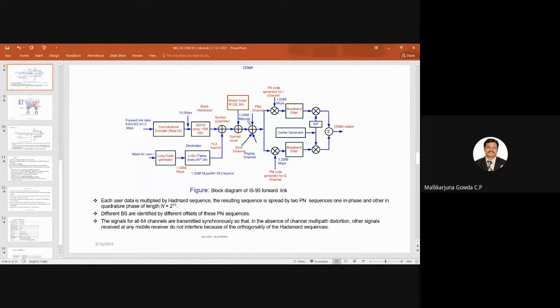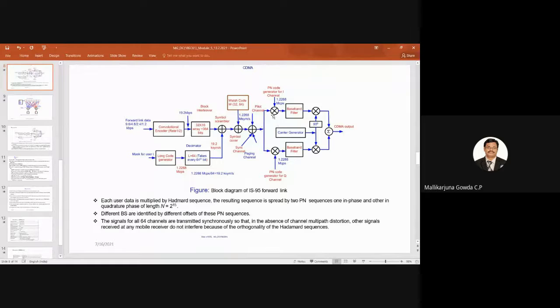So strictly speaking, there are 64 channels available. Out of 64, 3 channels are used for control signaling purposes and 61 are strictly available for transmission of the data.